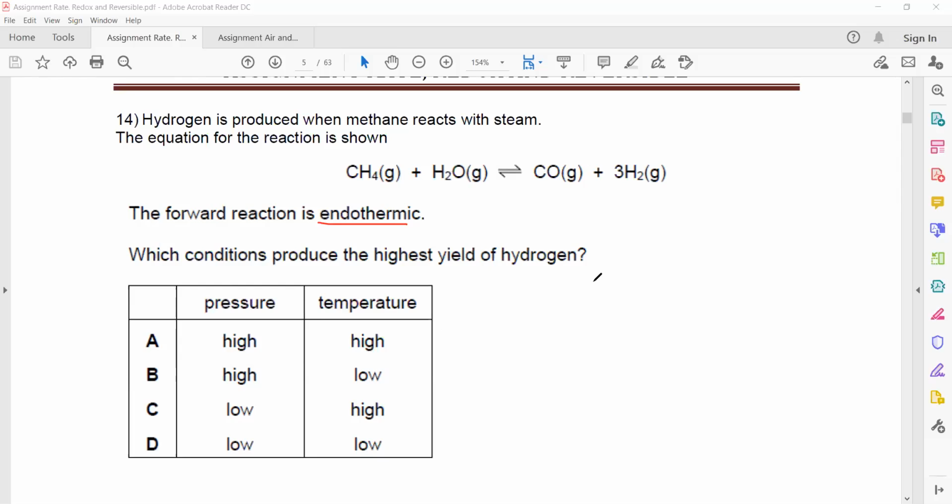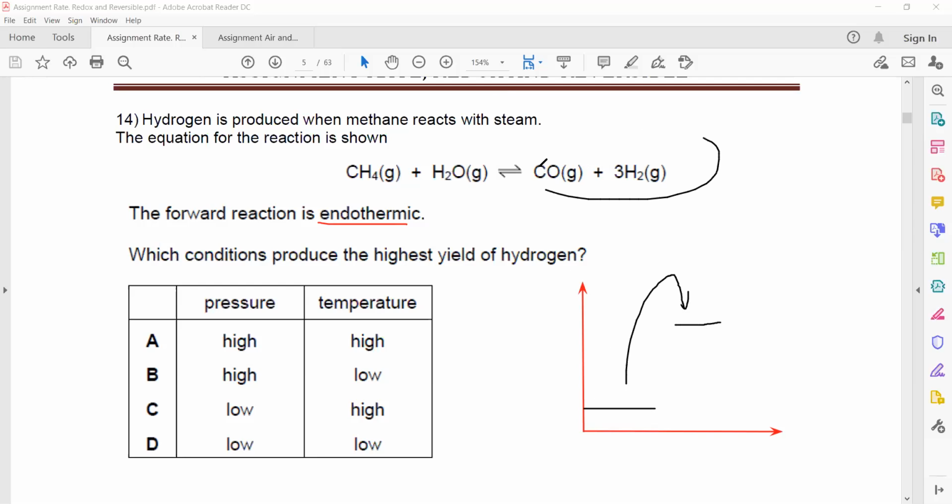Yeah, that's right. Because the forward reaction is endothermic, if I make an energy diagram, the reactant will have low energy and the product will have high energy. So when I increase the temperature, I will get more product, meaning more carbon monoxide and hydrogen.